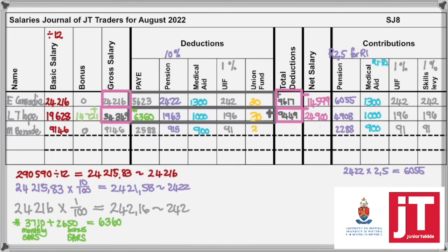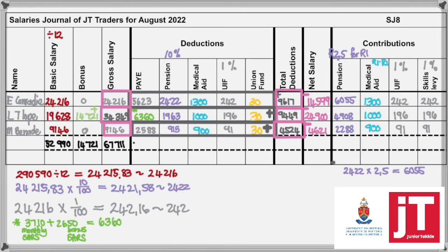He also pays a union fee of 30 Rand. So Bernardi's total deductions, adding your pay as you earn, pension fund, medical aid, UIF and union fund together, is 4,524 Rand. Minus it from your gross salary gives you your net salary of 4,621 Rand. And that is basically your salaries journal.